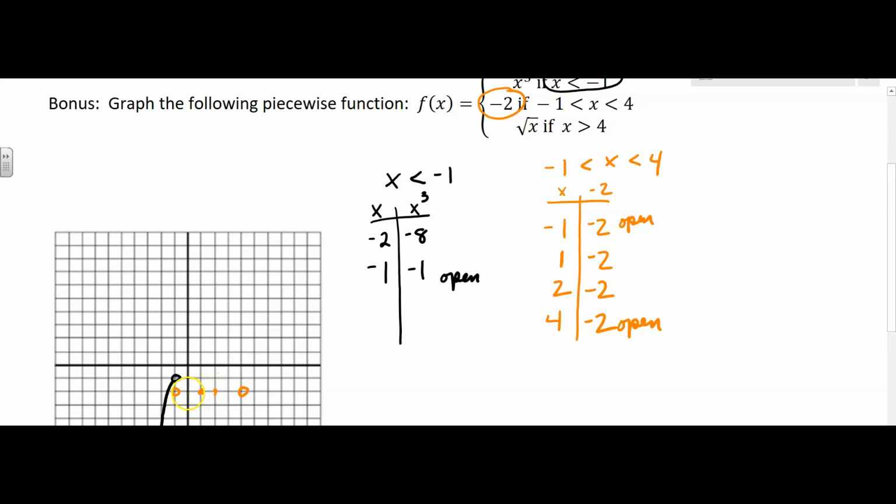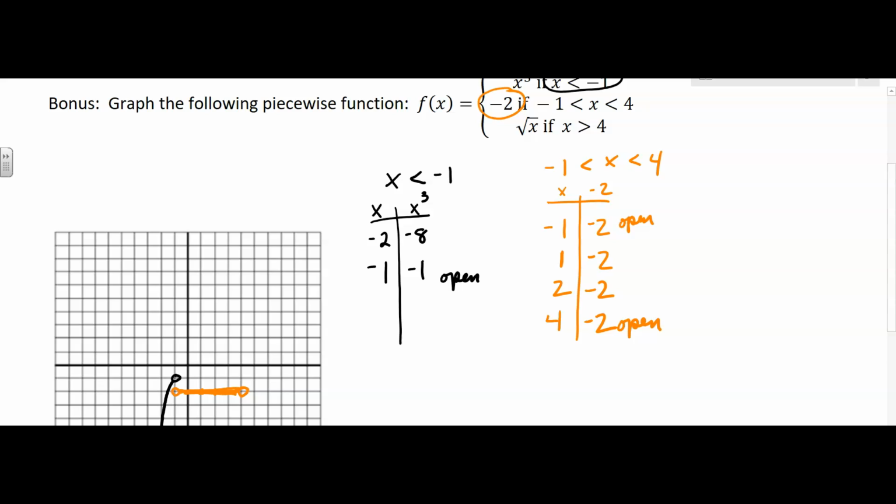So I have this long constant part right there. That's the constant function at -2. Now, I noticed that this function's not defined at -1. That's okay. It just means -1's not part of our domain. I could have typed it wrong. I mean, that's certainly possible, but I'll just go with what I have typed.